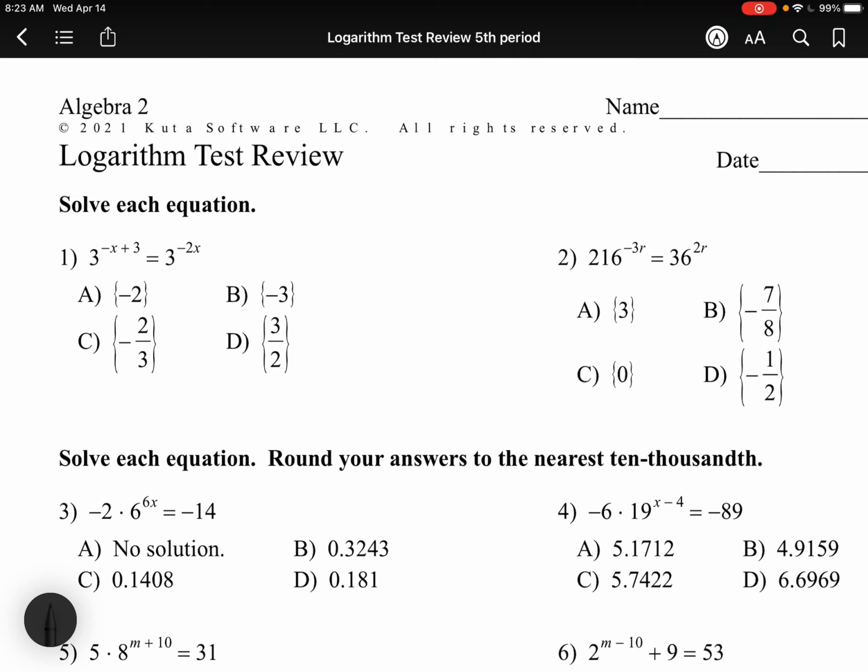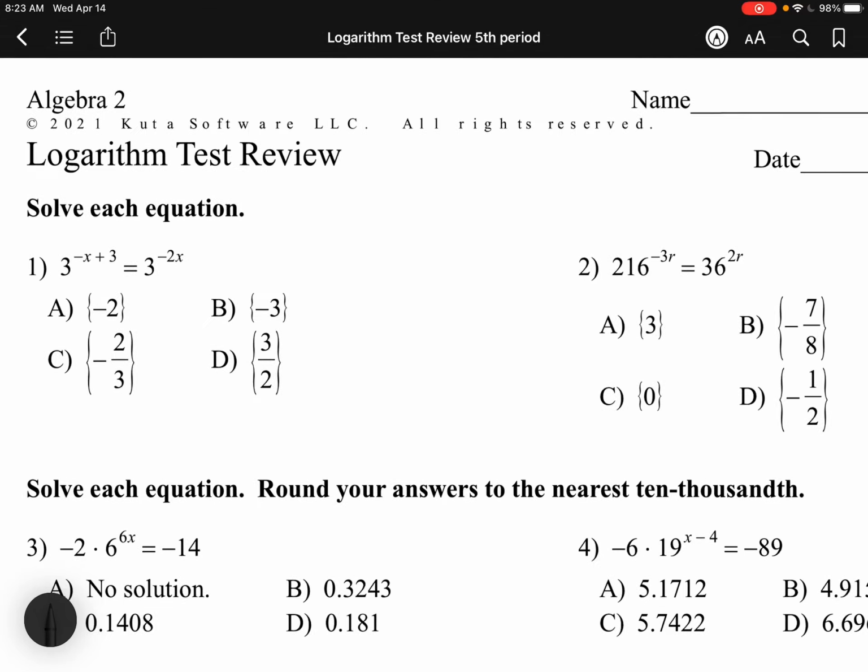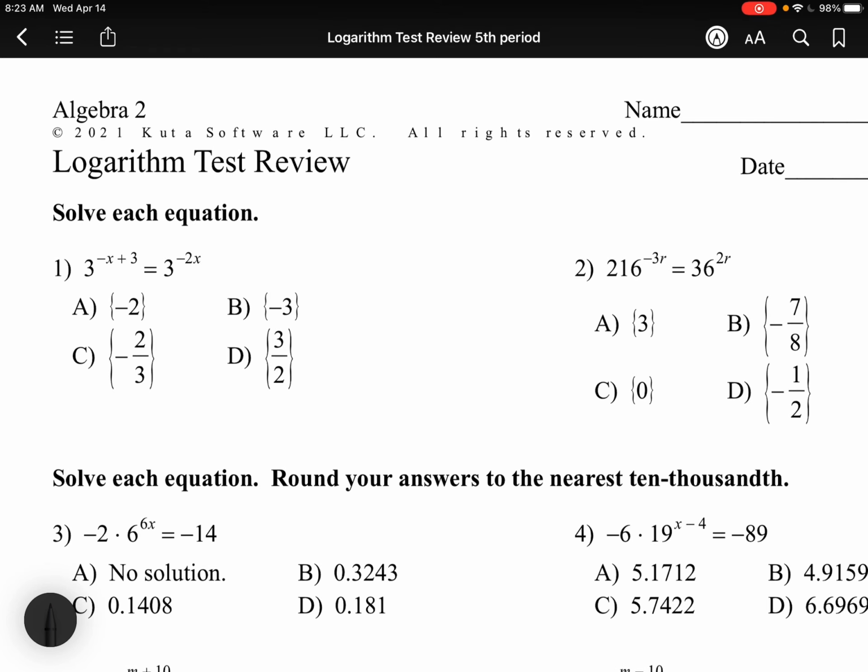Next, if you can't get the larger number to match the smaller number, which is what we're going to see in number 2, then you're going to have to change both bases so that you can have a common base. Then numbers 3 to 6 are examples where you cannot get a common base, so you're going to have to use logarithms to solve those.